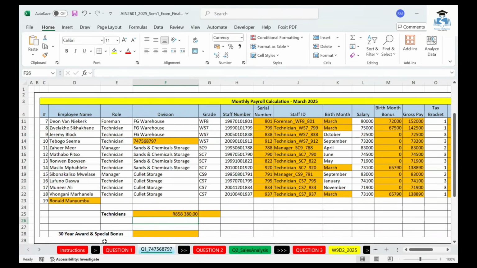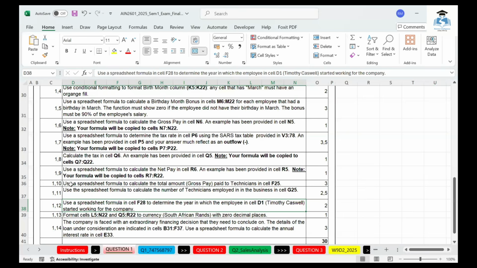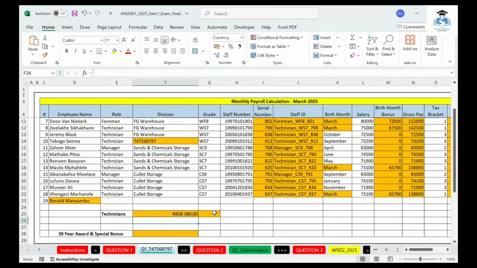All right. The next one says, use the spreadsheet formula to calculate the number of technicians employed in G25. Number of technicians. What do we do? We just need the number of technicians.